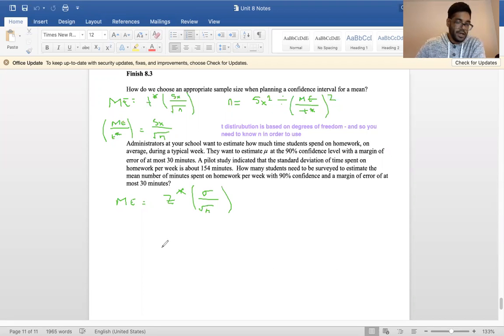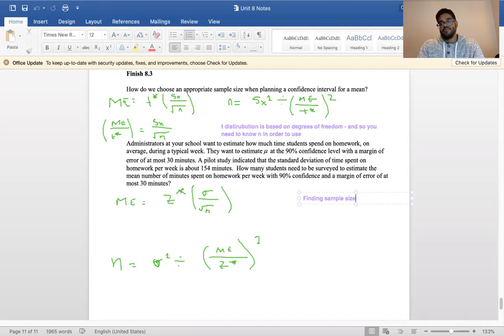You should get that n equals sigma squared divided by ME over z critical, squared. See if you can use that equation to come up with the n for this problem. And a little note: when you're finding sample size, always round up.